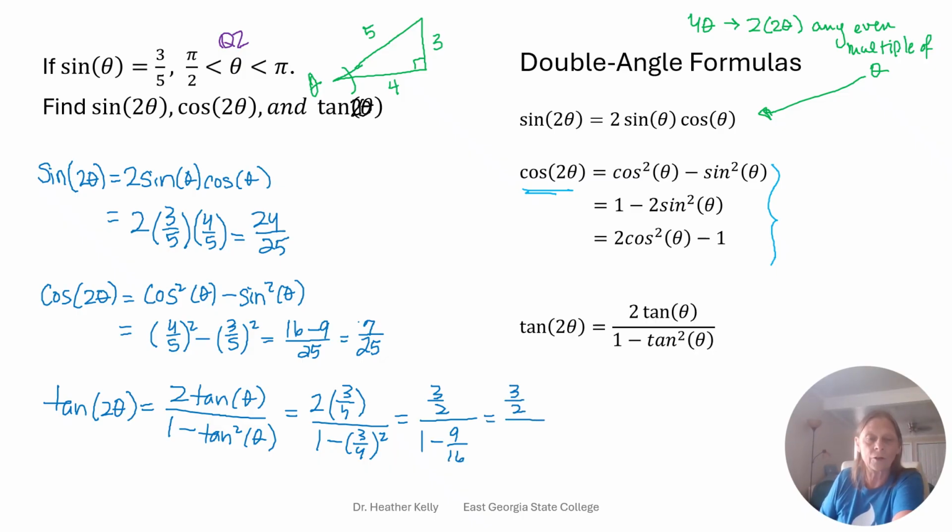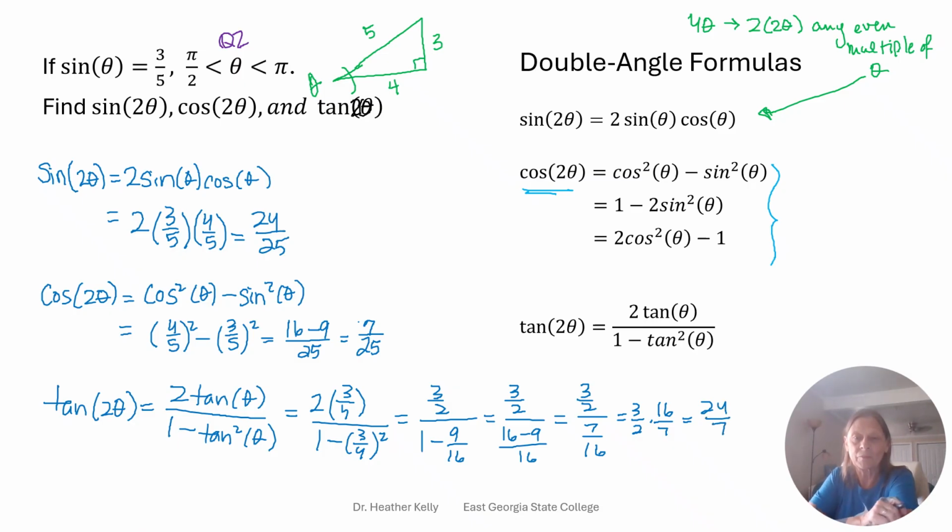That's 16 minus 9 over 16, which is 7/16. So we have 3/2 over 7/16. And then we can finish that, so we have 24 over 7. Okay, so really 1 second of trigonometry and just a whole lot of arithmetic, basically.